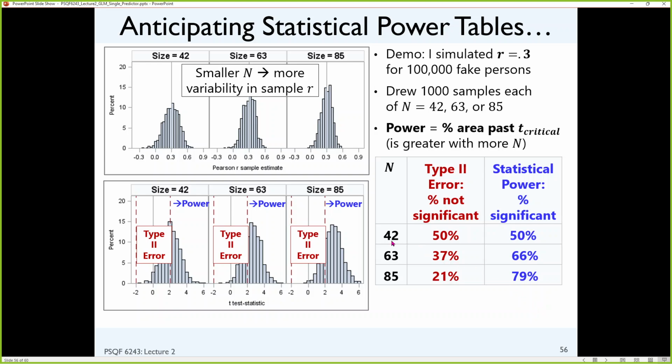So if I only have 42 people and the right answer is a correlation of 0.3, I'm only going to say that that's not 0 50% of the time. If the right answer is 0.3 and I have a sample of 63 people, I'm going to get the right answer that it is not 0 66% of the time. And if I go up to 85, it's almost 80% of the time. More people, more power.